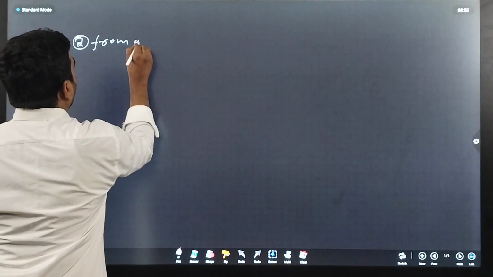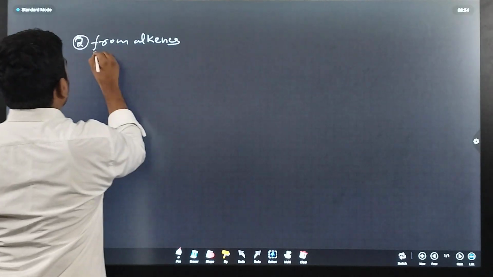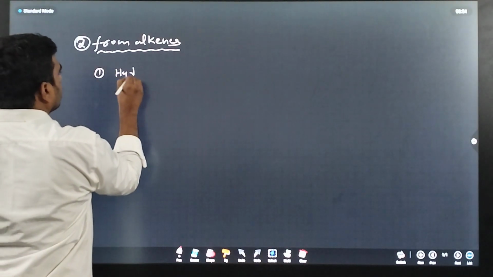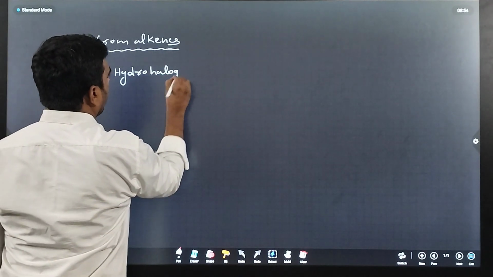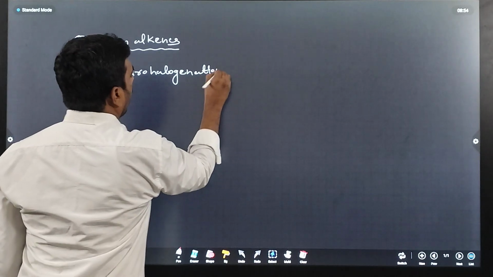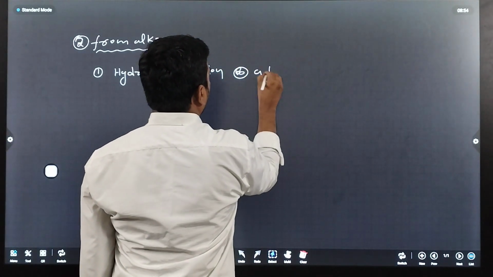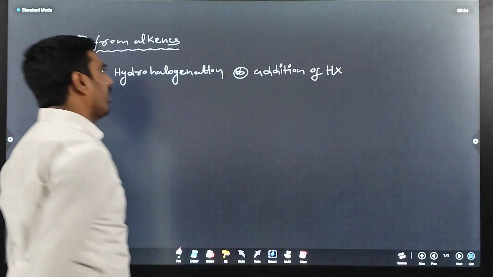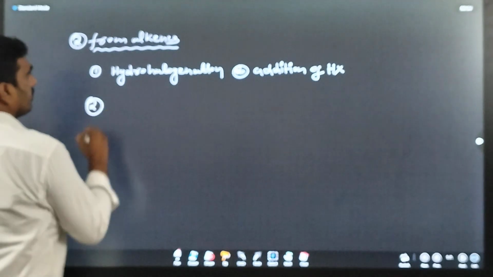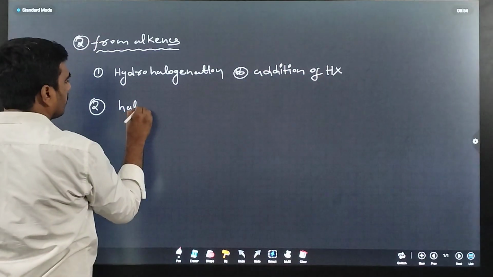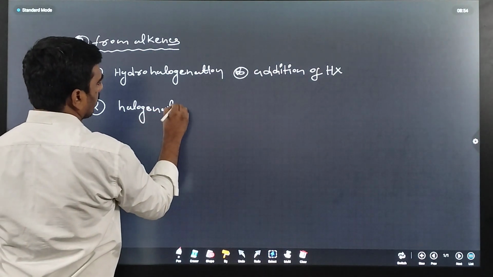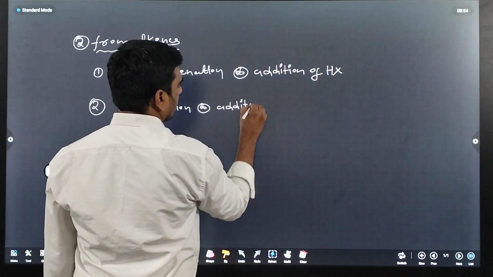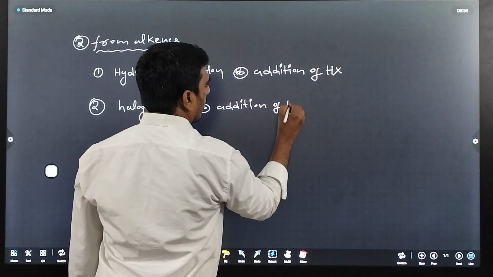From alkenes, first, hydrohalogenation or addition of HX. Second, halogenation or addition of X2.